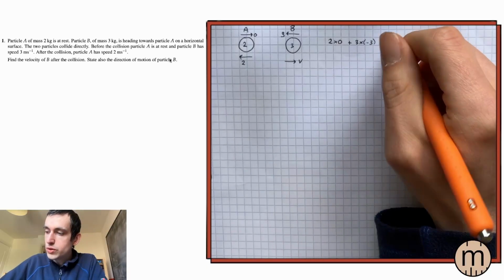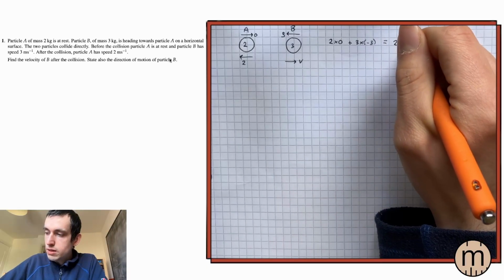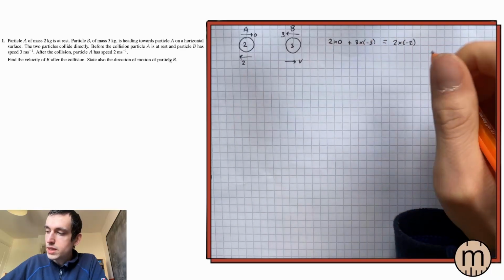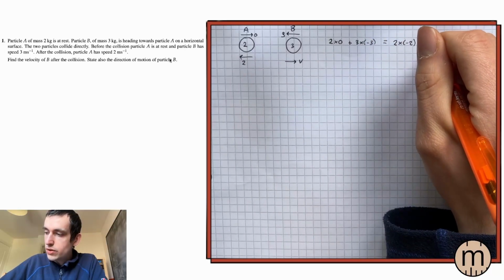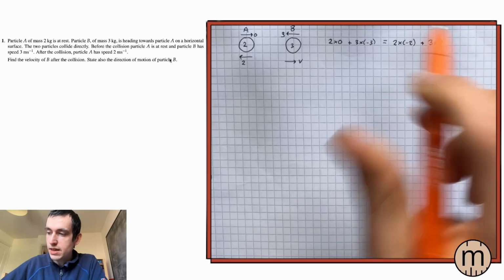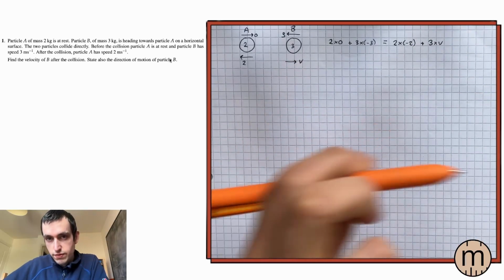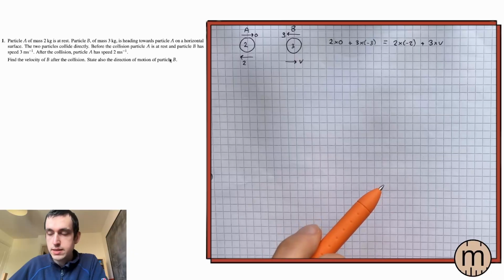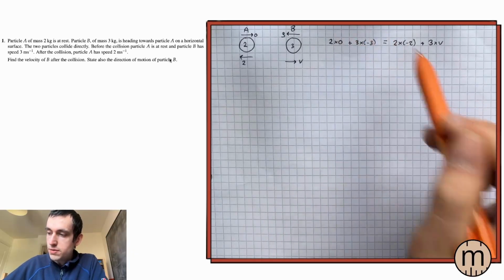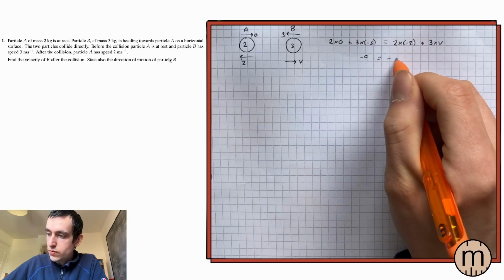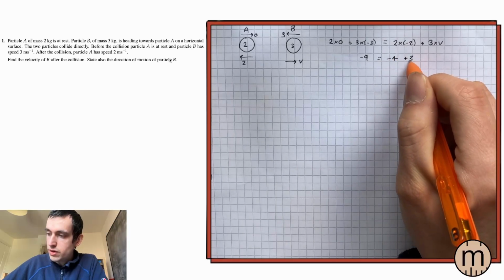That's going to be equal to 2 times minus 2, mass of A times minus 2, and we're going to add on 3 times V. V is positive because I've defined it to be positive. I've made it go towards the right hand side. Well, that's 0, that's minus 9, that's minus 4, and that's 3V.